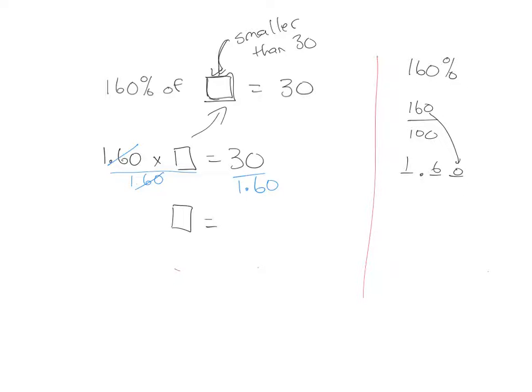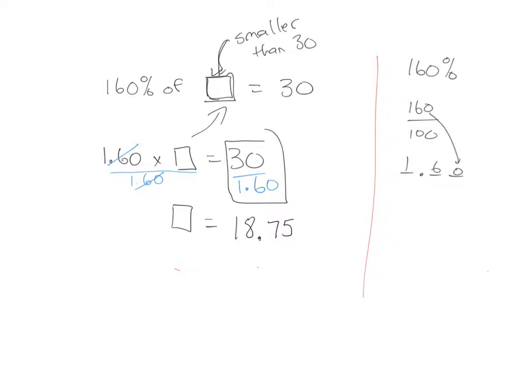And on the right side, we've got 30 divided by 1.6. When I punch that into my calculator, because I'm not sure how to do it by hand real well, you get 18 and 75 hundredths.